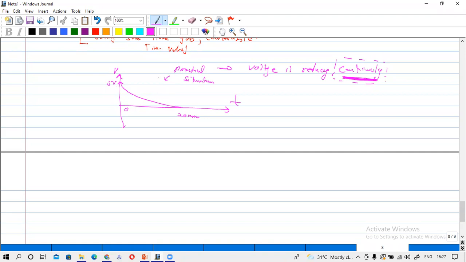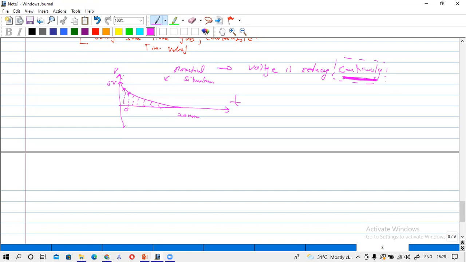Practically we will have some discrete values, and after getting the discrete values, we can just join them and plot this kind of graph. But practically we can't get this type of signal, this continuous graph. Did you guys understand that?